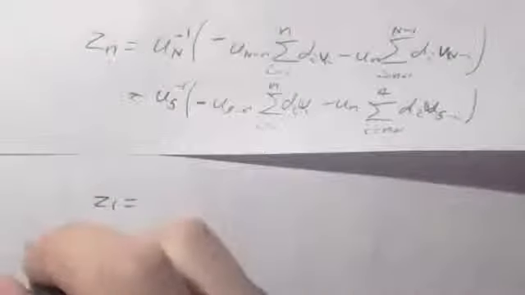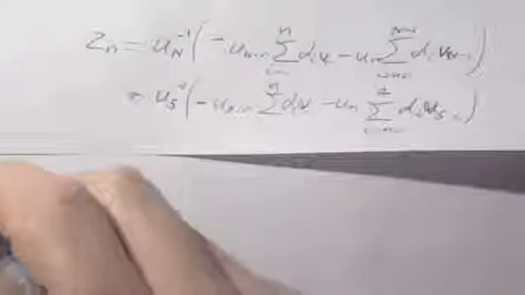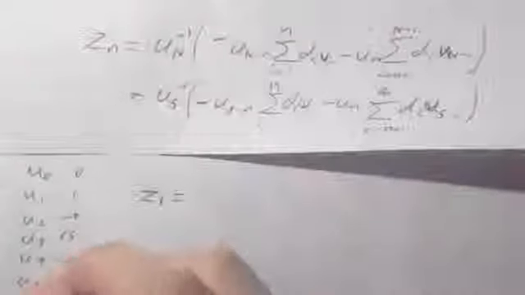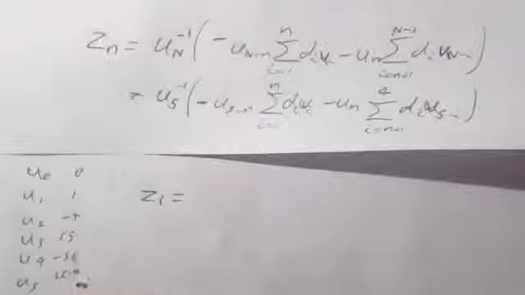So let's see. Let's try Z1. I'm just going to write the U's out here again. So 0, 1, minus 4, 15, minus 56, 209. These are these guys.